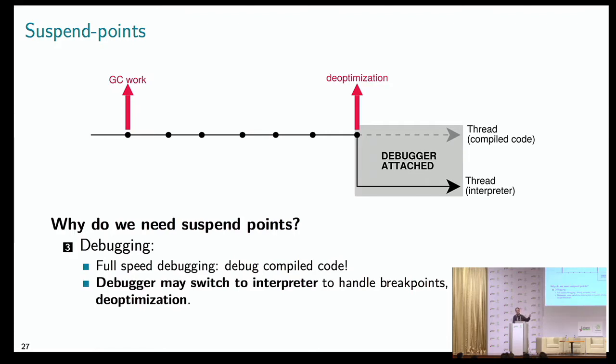At some point, while the code is executing, the debugger may say, now I want to start debugging with the interpreter. So at the suspend point, the runtime will take over and say, OK, I stop here. I go over the stack and read the stack frames, which, as you may remember, have a particular structure. And these frames are converted into interpreted frames. After this conversion happens, the execution can start again on the interpreter. So you understand this is quite an involved process.